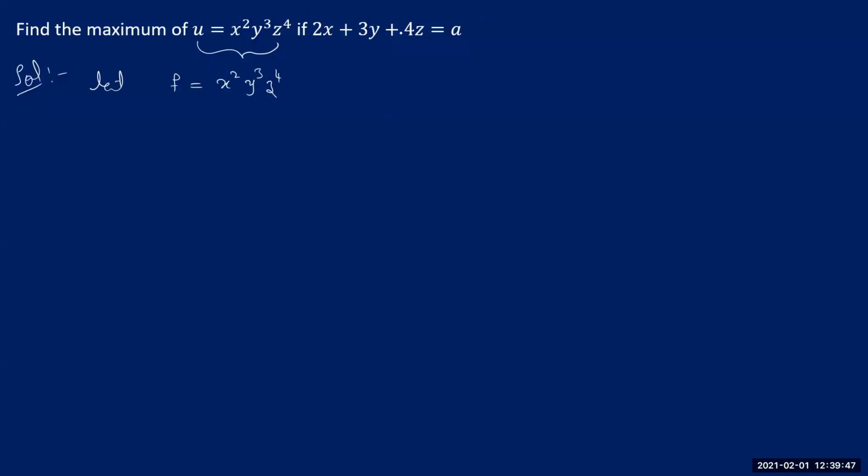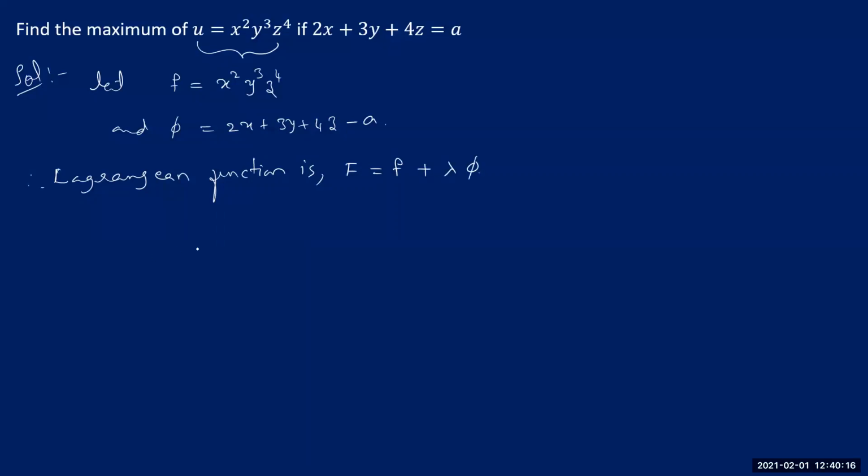And the condition you are given here, I'm taking it as phi. Phi of x, y, z is equal to 2x plus 3y plus 4z minus a. Now see, as usual, you can form the Lagrangian function, capital F is equal to f plus lambda times capital phi.